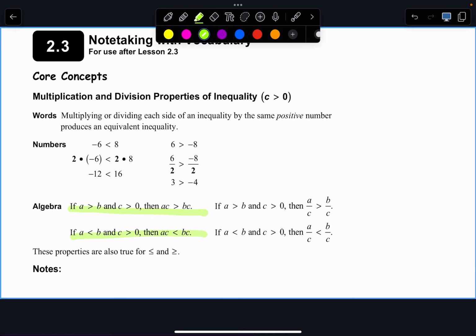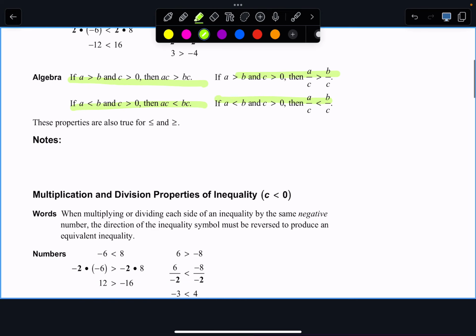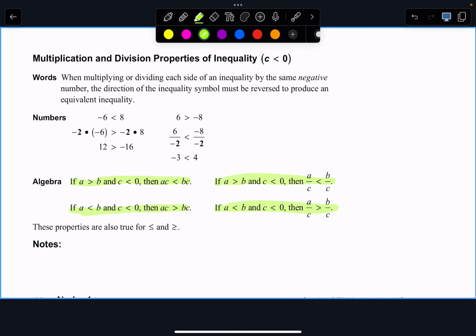We have also now figured out that if we multiply or divide by a negative, then our inequality sign has to flip in order to maintain true. Based on that activity, we literally saw the sign have to flip when we multiplied or divided by a negative. So we are physically going to have to flip the sign if we multiply or divide by a negative number.